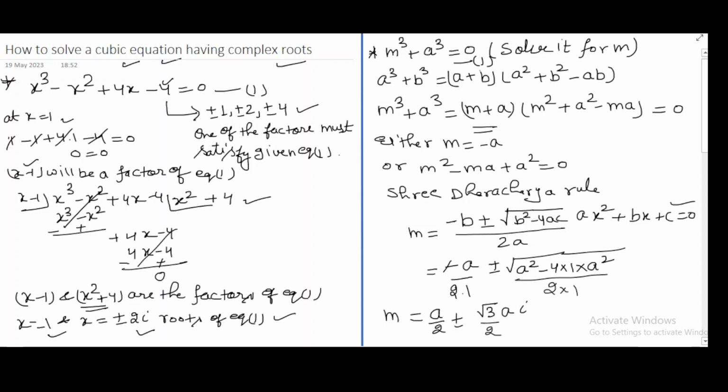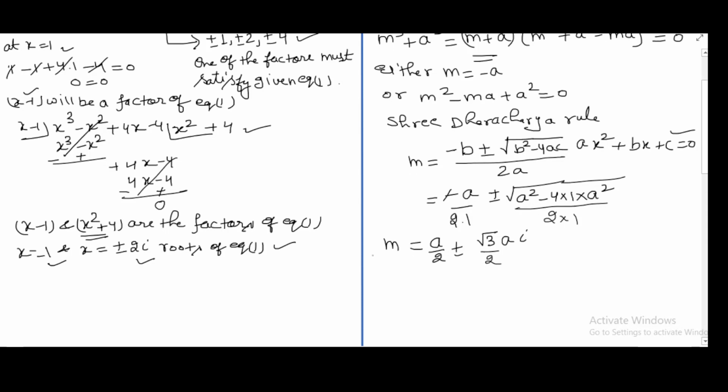So the final roots will be m equal to minus a, and the other roots a by 2 plus minus root 3 by 2 a i, which are the roots of this cubic equation.